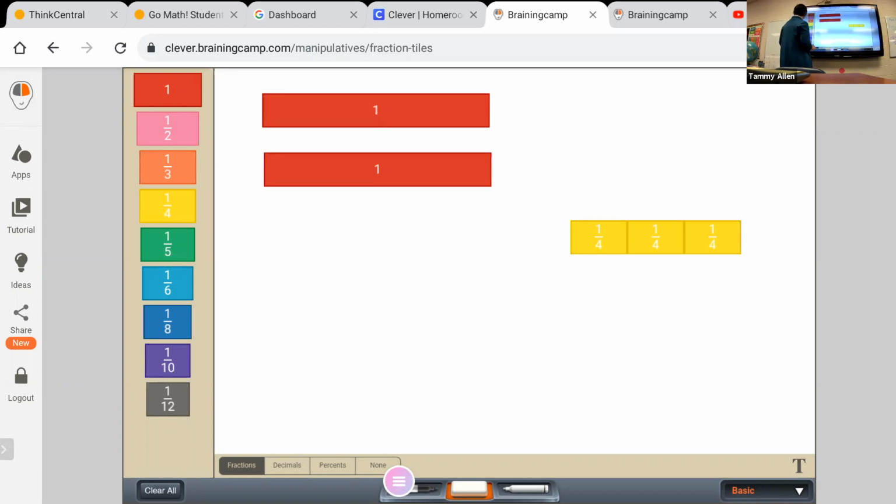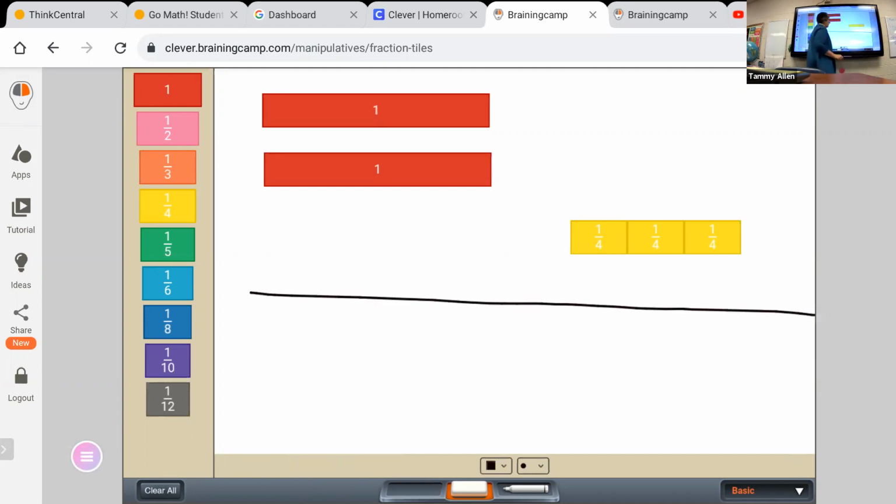All right. I want to know, if I take 3/4 away from that, what I will have left, right? I'm going to be subtracting that, right? It's going to be my subtraction. Okay? That makes sense?